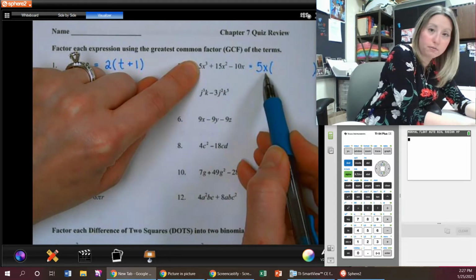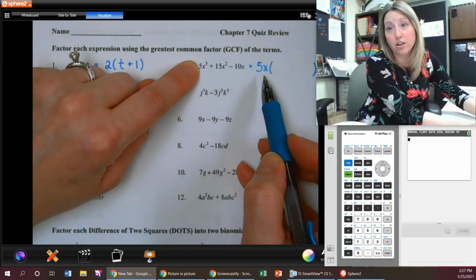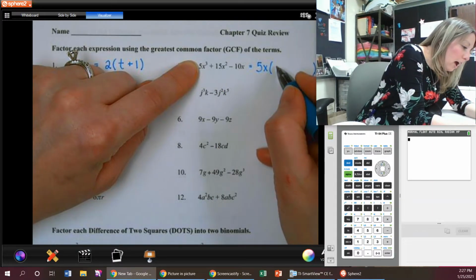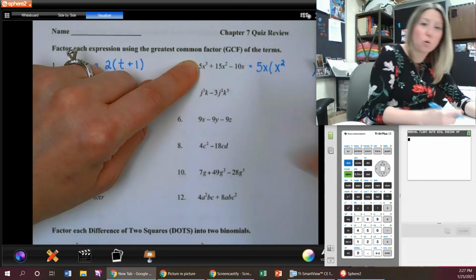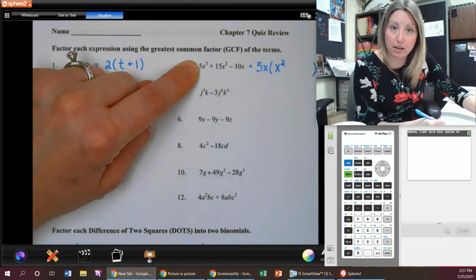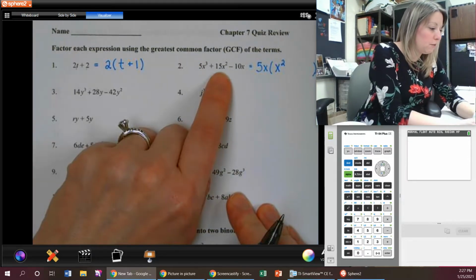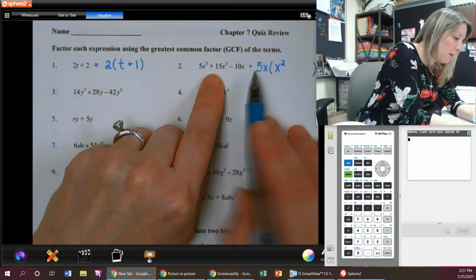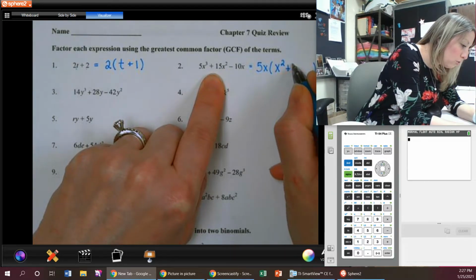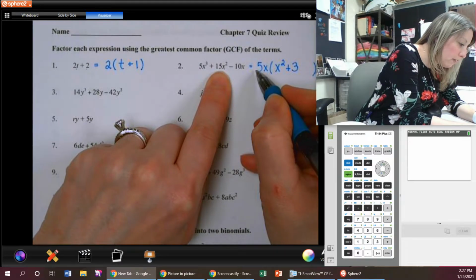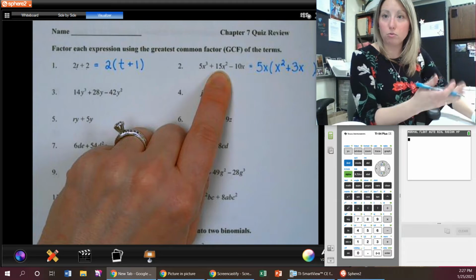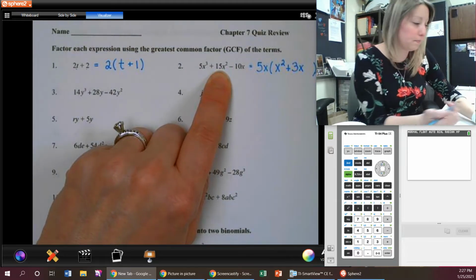5x cubed divided by 5x. Well, 5 divided by 5 cancels to a 1. x cubed divided by x, that's an x squared. So 1x squared, or just an x squared, remains. 15x squared divided by 5x. Well, 15 divided by 5 is plus 3. x squared divided by x, well, that would leave an x to the first, or 3x in its wake.